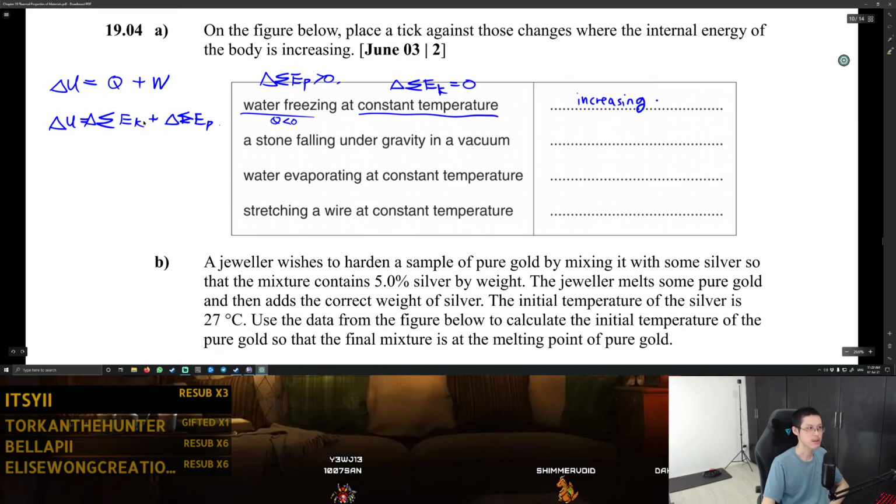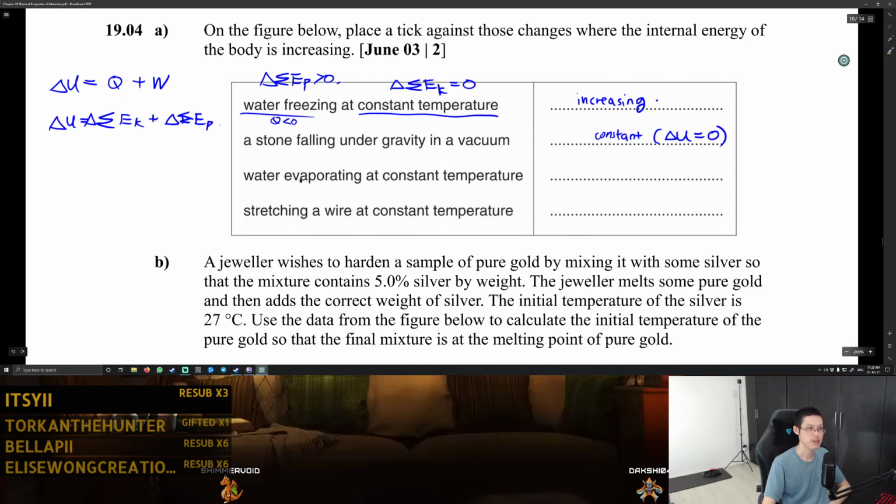So we know that delta EK must be 0, and this is a stone. It is not changing state, therefore the average separation between the molecules should remain the same. So this is 0, which means our change in internal energy would be 0 as well. So this is a constant, or delta U equals 0.